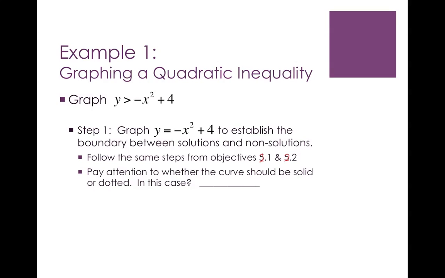Which one should we draw in this case? Well, hopefully you notice that we should draw a dotted line because we are dealing with an inequality that is strictly greater than. So that's going to be a dotted curve when we're ready to draw it.